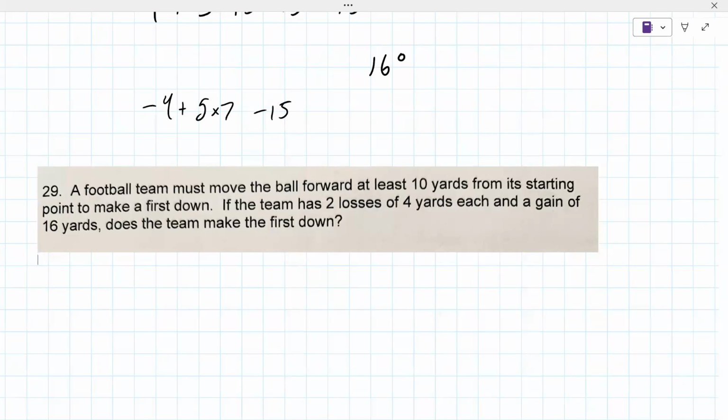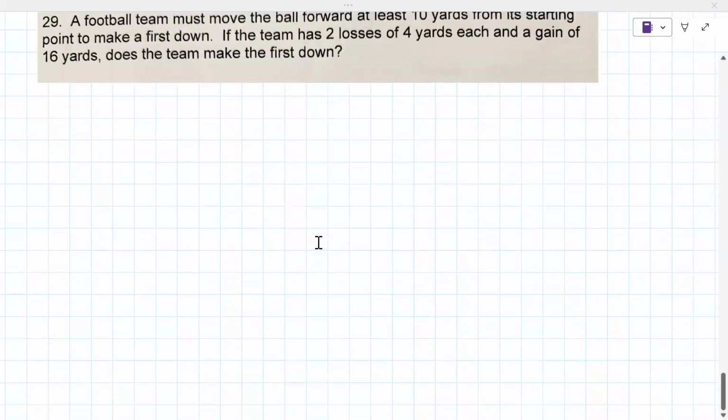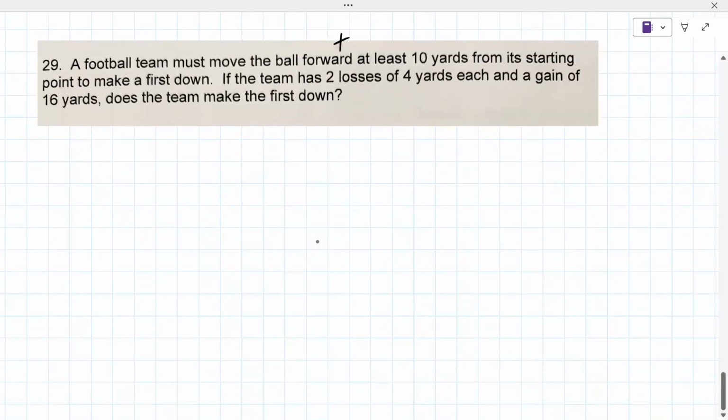Let me grab a snip. So forward is positive and lose is negative. If the team loses 4 yards, it's minus four, and another -4.